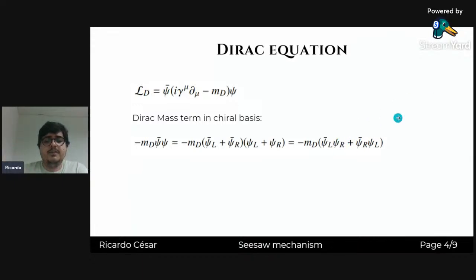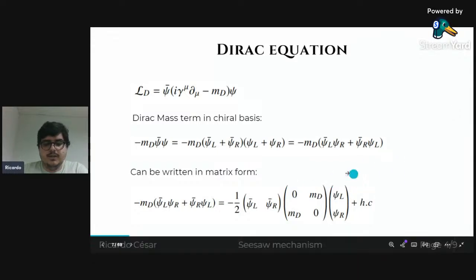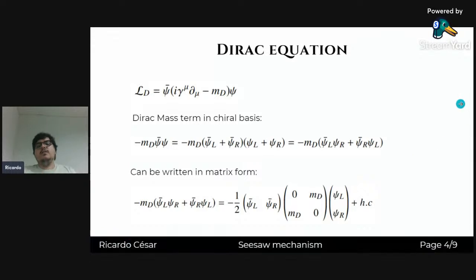This term here, if you're considering, for example, leptons, it conserves lepton number because, for example, if this is a positron and an electron, you have a lepton and an antilepton. So if you sum the numbers of leptons, you have 0. Okay? And you can organize these terms in a matrix form, which is given by this. Just an organization form.